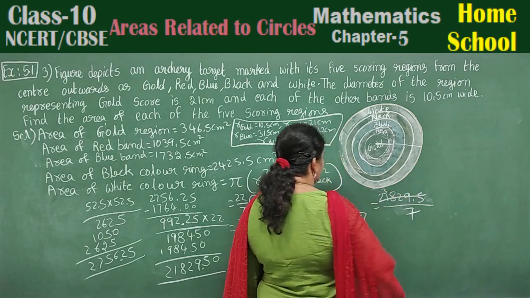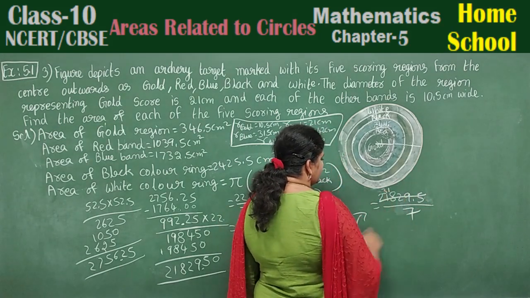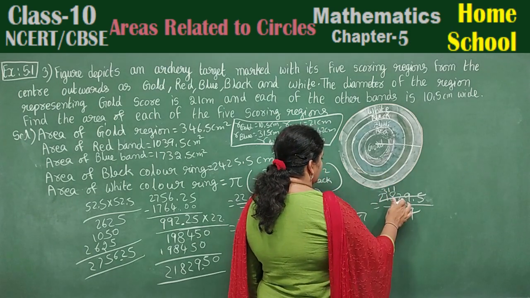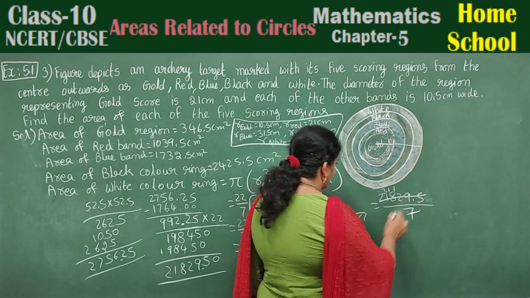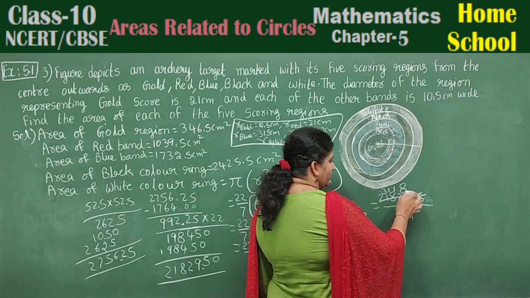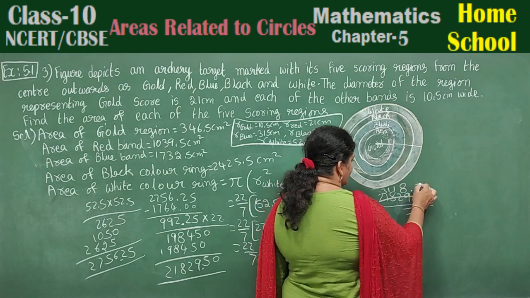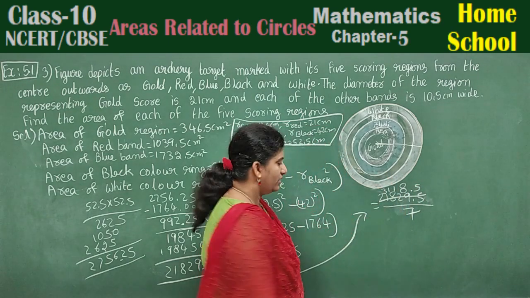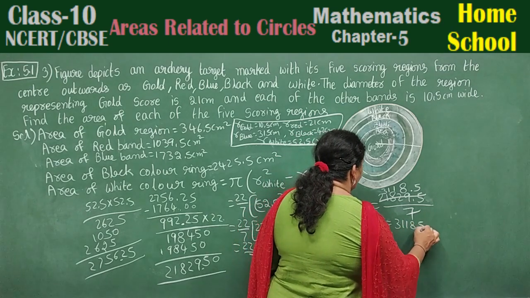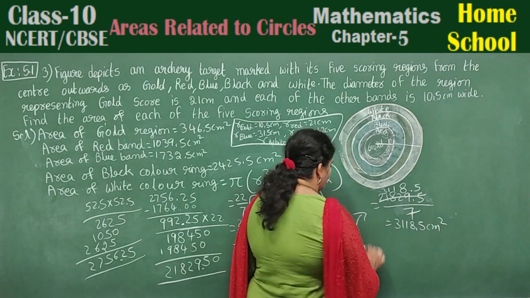7 3s are 21. 7 1s are 7, 12 left. 7 1s are 7. And you will be having 5, 59. 59 means 7 8s are 56. Again 3 left, 0.35, 7 5s are 35. Therefore, your final answer is 3118.5 centimeter square.